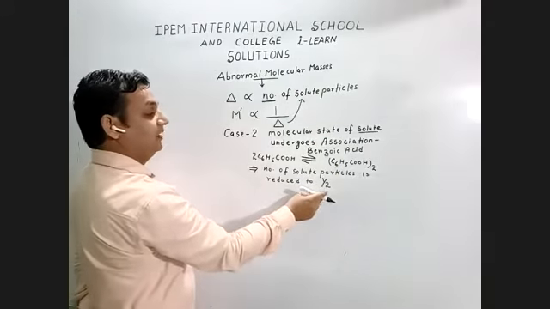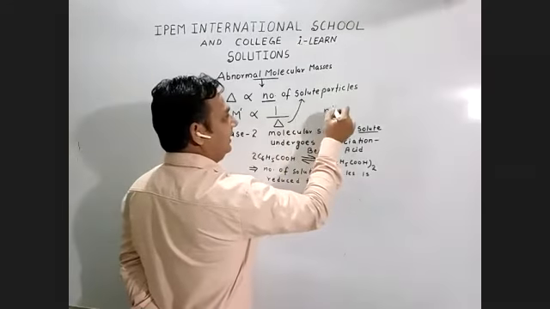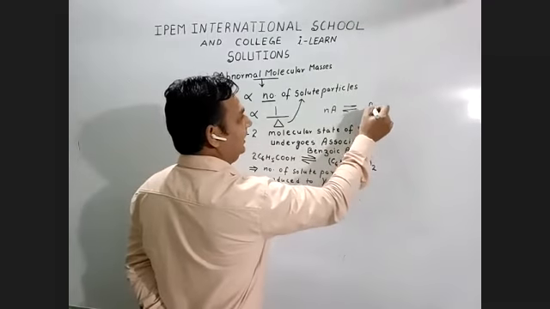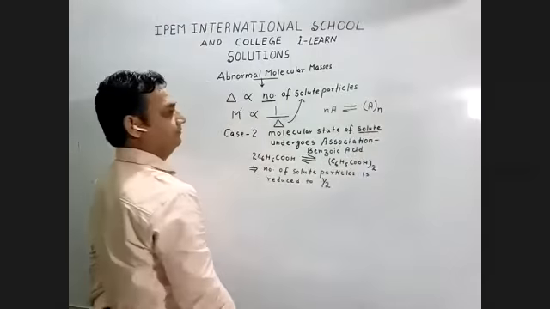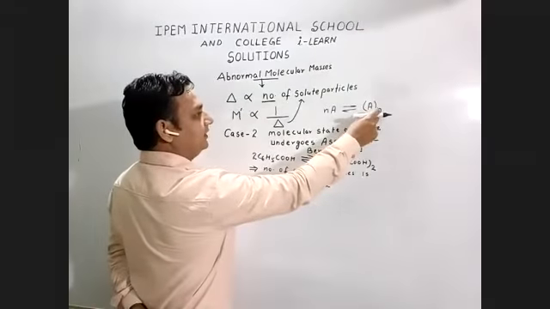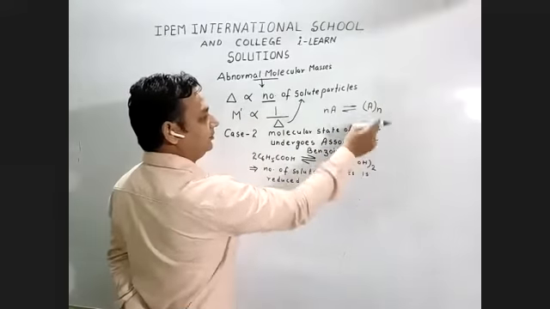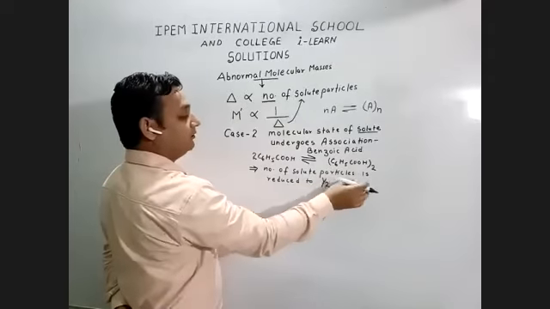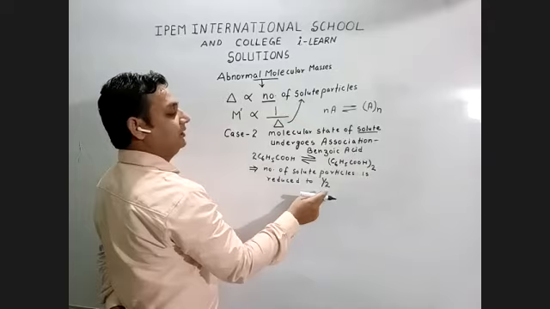If we take a general example, nA will give you An. Here half is the reason, because here n we have taken 2, as in case of benzoic acid I'm talking about. The number of solute particles is reduced to half. This can be 1 by third.